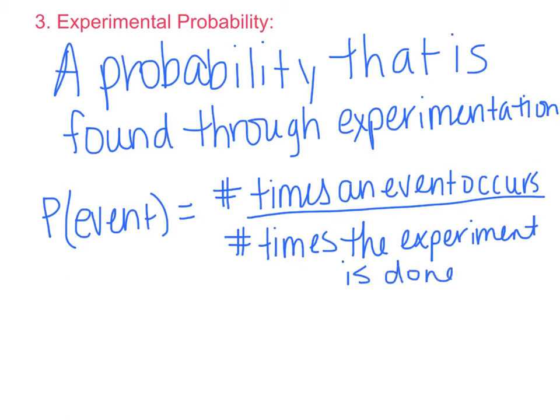So say you want to know, if you roll a dice, how many times 2 will come up. And say you roll the dice 6 times, and 3 times you get a 2. It would be 3 out of 6, because you got 3 2s, but you actually rolled the dice 6 times.